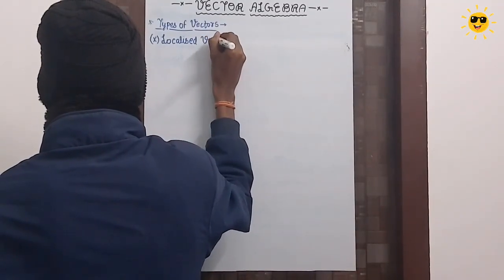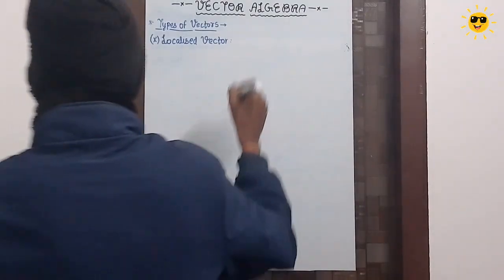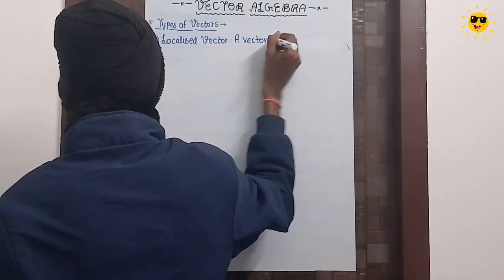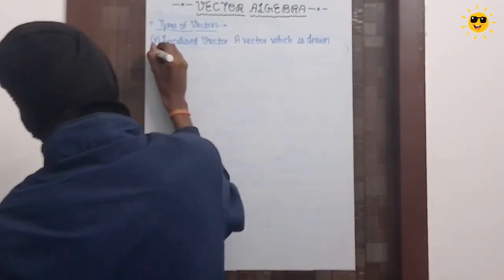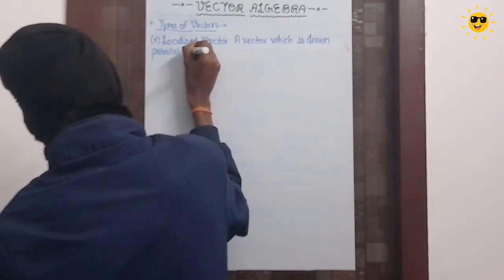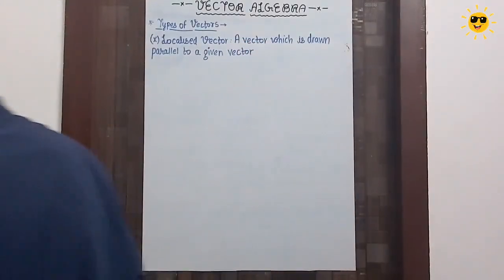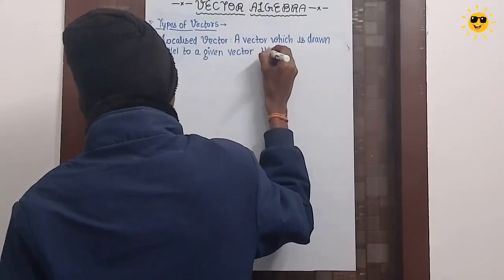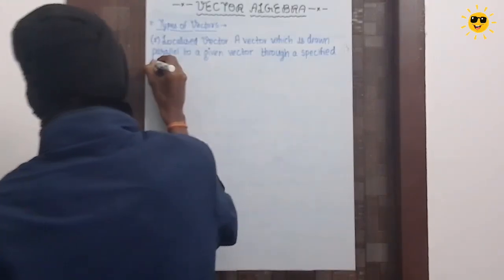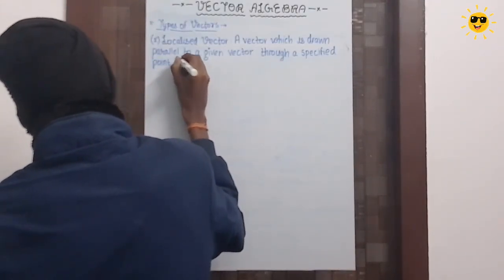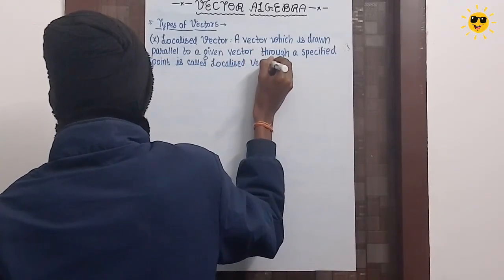Localized vector: a vector which is drawn parallel to a given vector to a specified point is called a localized vector. It's nothing different.